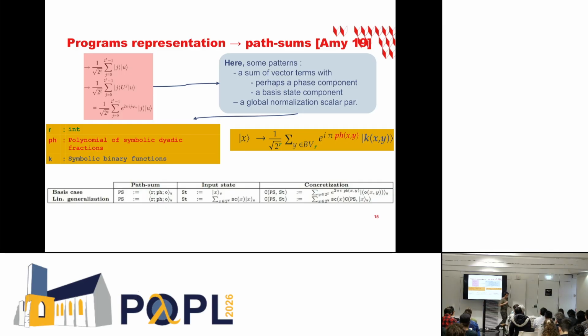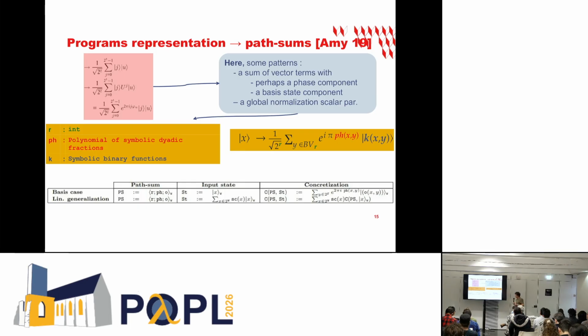The path sum symbolic representation that I talked about, strictly speaking, is a formalization of this invariance. It starts from the observation that for any state of the computational basis, for any unitary to apply, applying this unitary to this state results in a vector with this generic shape.